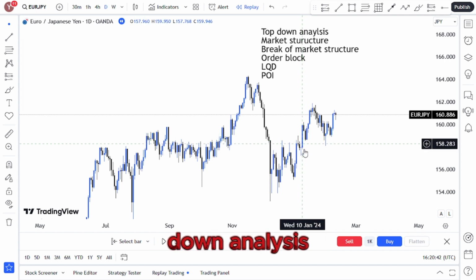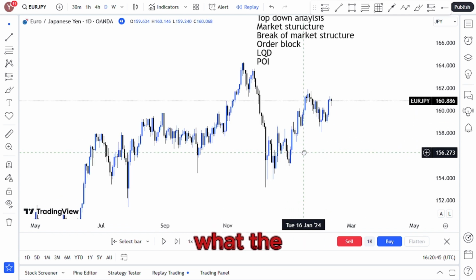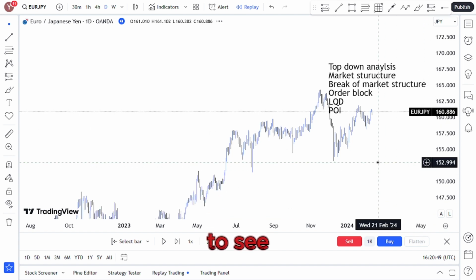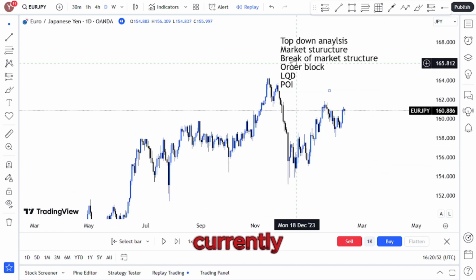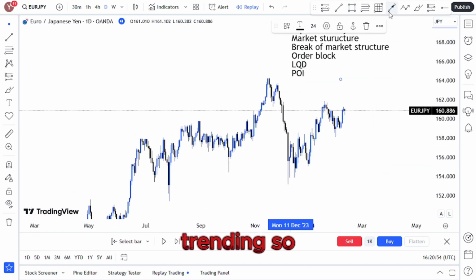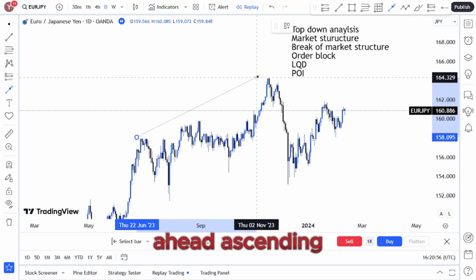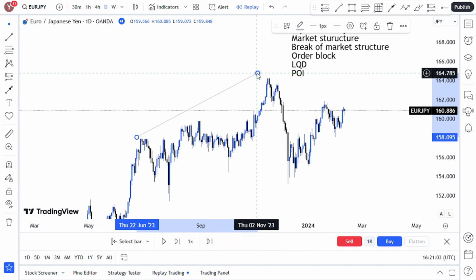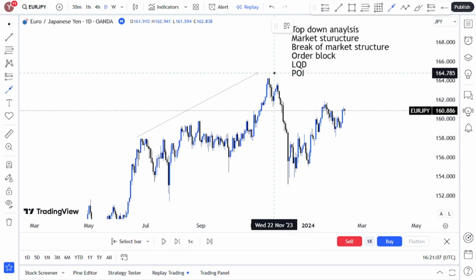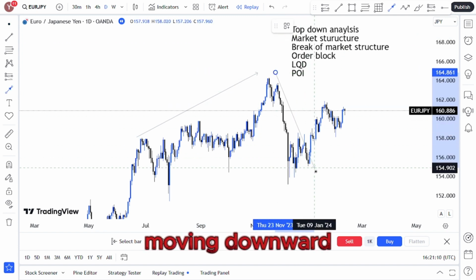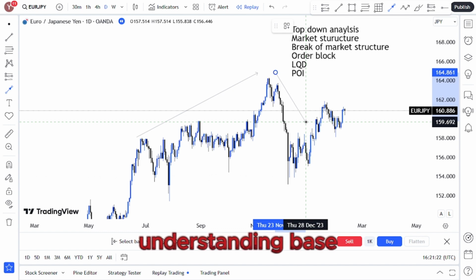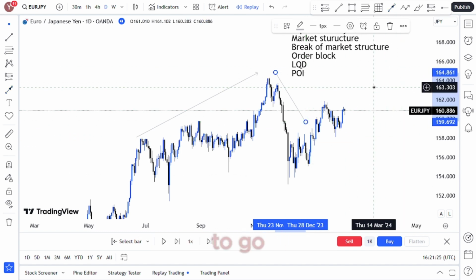In top-down analysis, you need to understand what the market is doing on the higher time frame. On a higher time frame like the daily, we can see that the market is currently trending. When price is moving ahead, ascending, going bullish, it means your base currency is having strength against your quote currency. When the market is moving downward, it means your quote currency is having strength against your base currency at that point in time. To understand base and quote currency, use this link to go watch the first video.